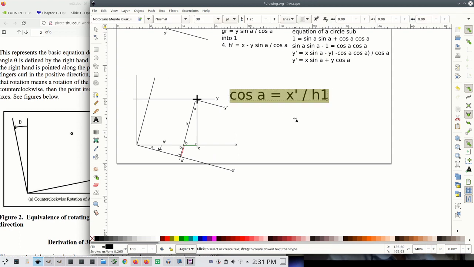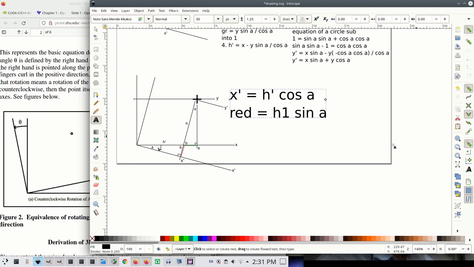So let me rewrite it. x prime equals h prime cos A. So we see from that right angle triangle, this is the adjacent, this is the hypotenuse, adjacent over hypotenuse equals cos of A. And then that red line equals h prime sine A. In the same way, the sine of A equals opposite over hypotenuse. So we got that.